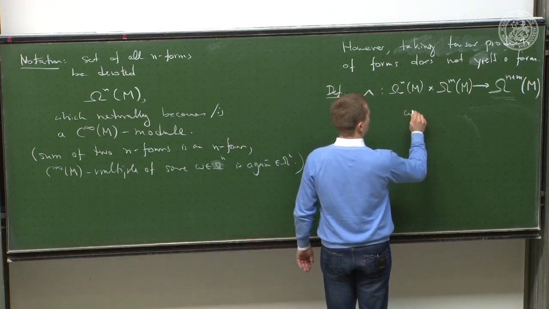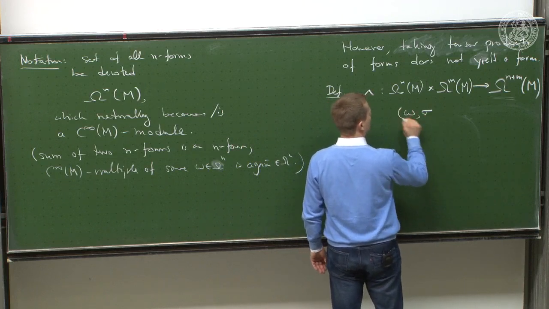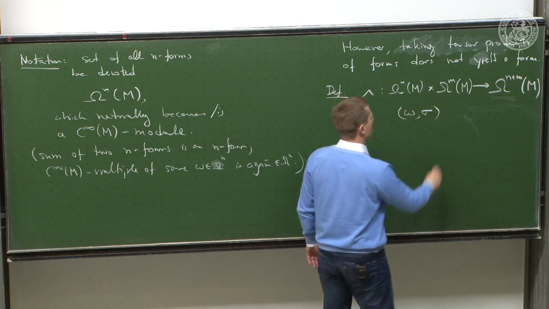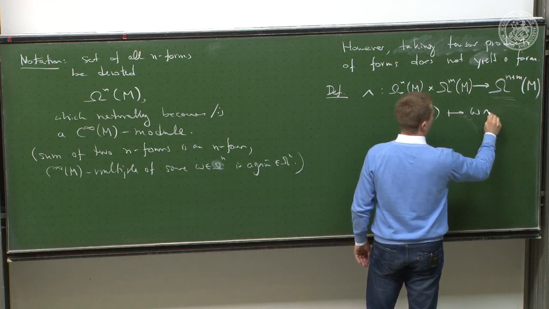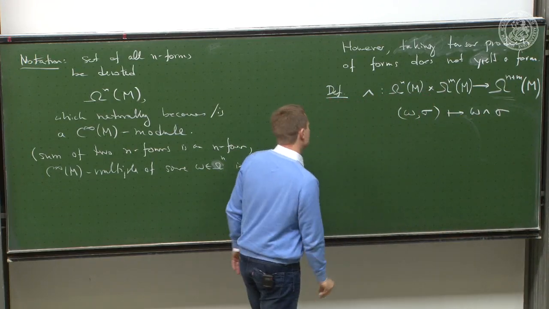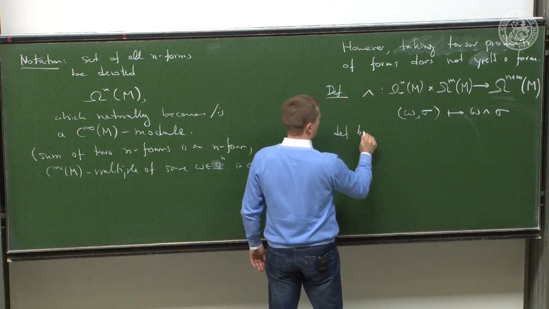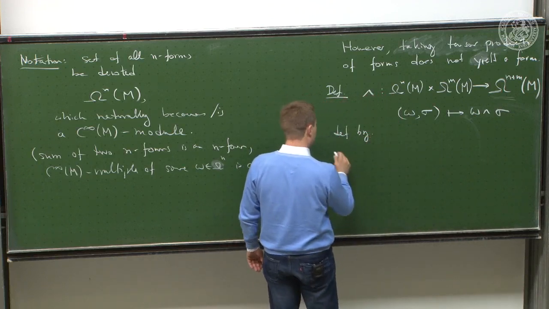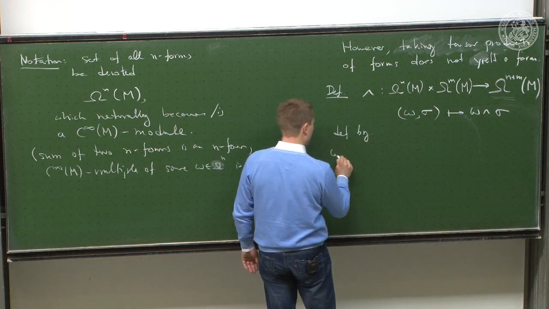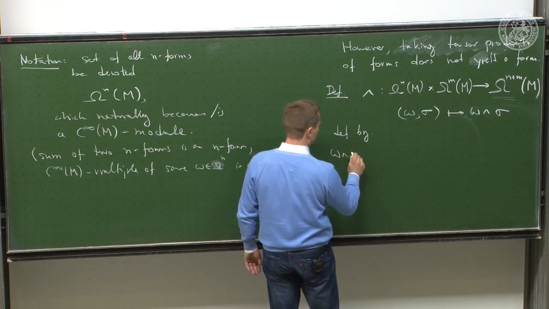So we take an n-form omega, an m-form sigma, and we send it to omega wedge sigma. But how is this defined? Well, if this is an (n+m)-form, we can define it by having it act on n+m vector fields.